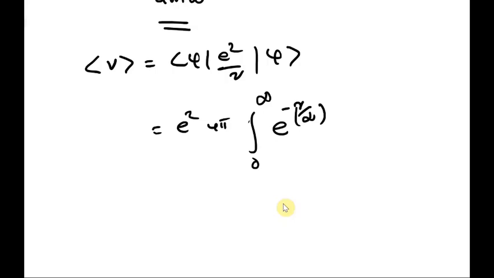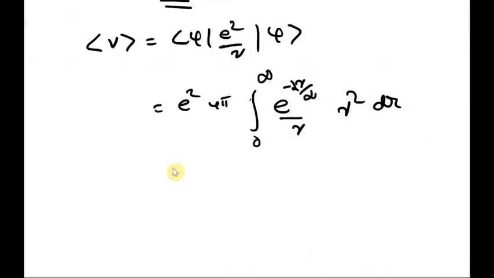Again the same term will repeat, so this will become minus 2r by alpha. You have a 1 by r factor there, and r square dr. That's the integration, and that r cancels here. This will produce only 1 r. So this will become 4 pi e square.